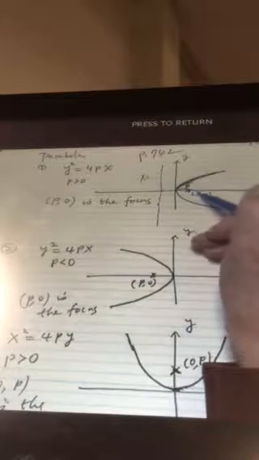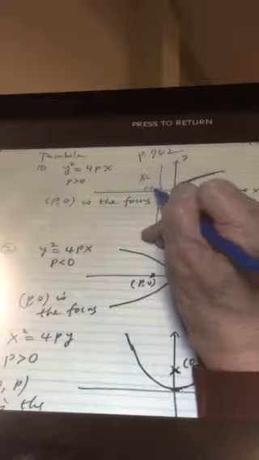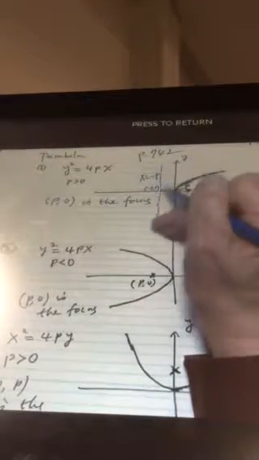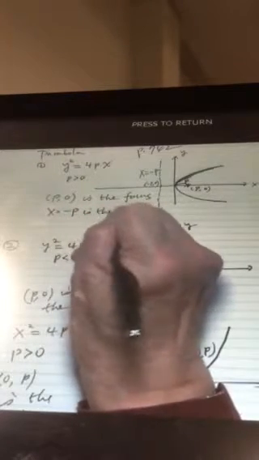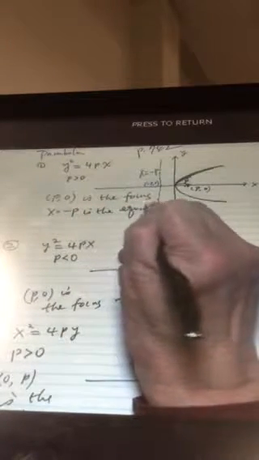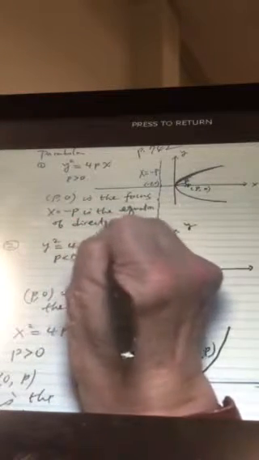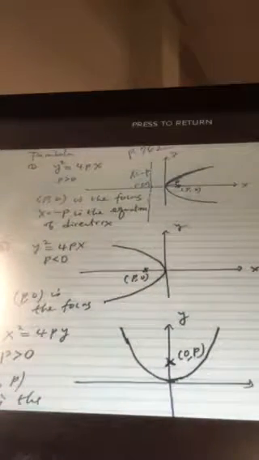and if this p is positive, so this coordinate here is (minus p, 0). So this is x equal to negative p. x equal to negative p, okay, is the equation of directrix. Okay.